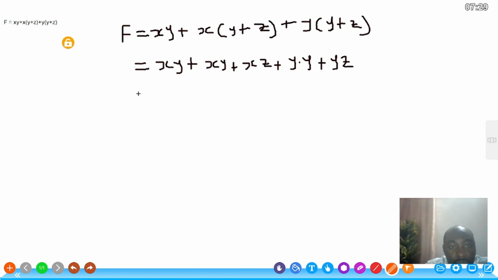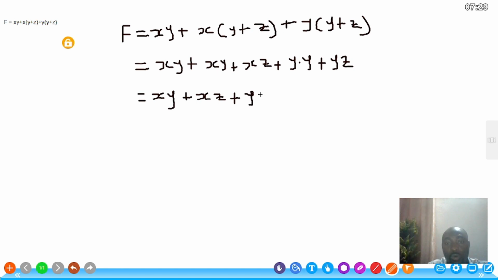So based on that Boolean identity, x plus x is equal to x, we are going to maintain xy, right? So xy plus xz, and then similarly y dot y, just like one of the laws that says x dot x is equivalent to x. So in this case we are going to maintain just y, right, based on those Boolean identities.